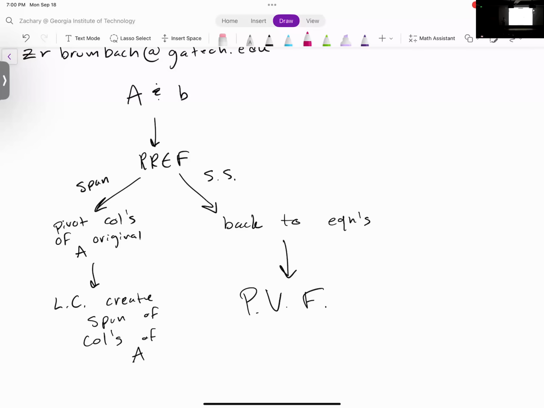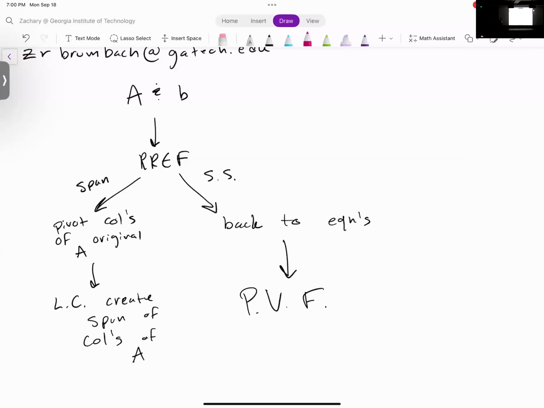Will R2 ever be non-homogeneous? So you're saying if the solution set is all of R3, how many free variables do we have? You have 3 free variables.